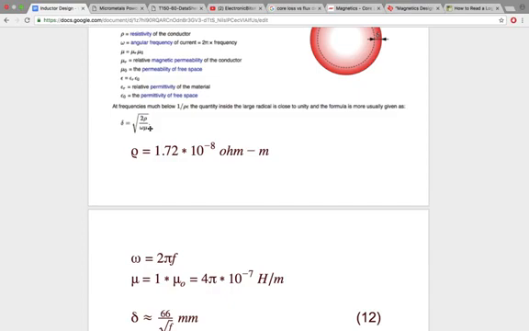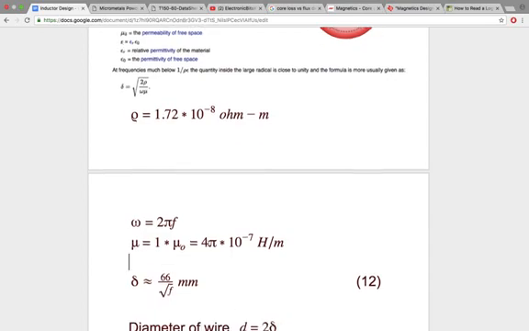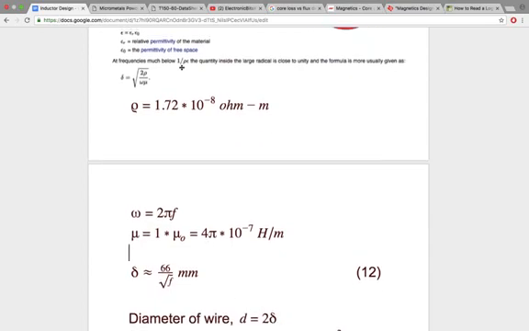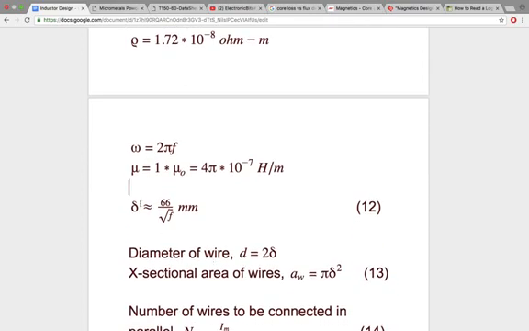For copper wire, the relative permeability is 1, so the permeability is the absolute permeability. The resistivity of copper I have taken from Google. After substituting these numbers into this equation, we get the reduced form of skin depth as this formula.